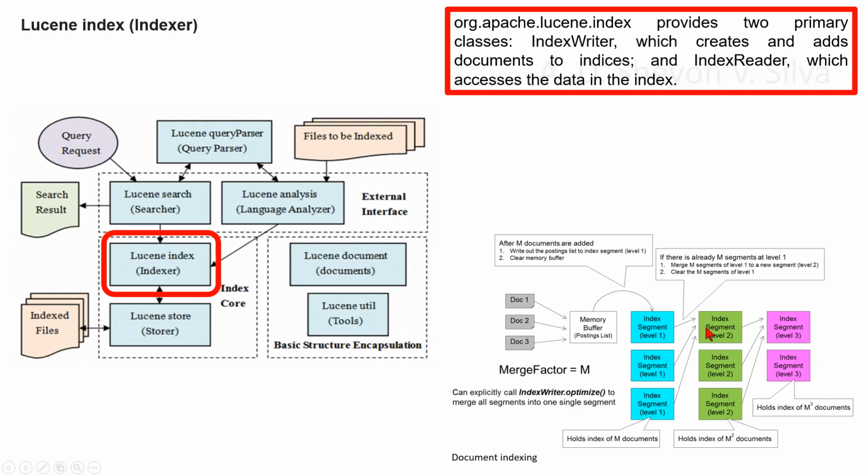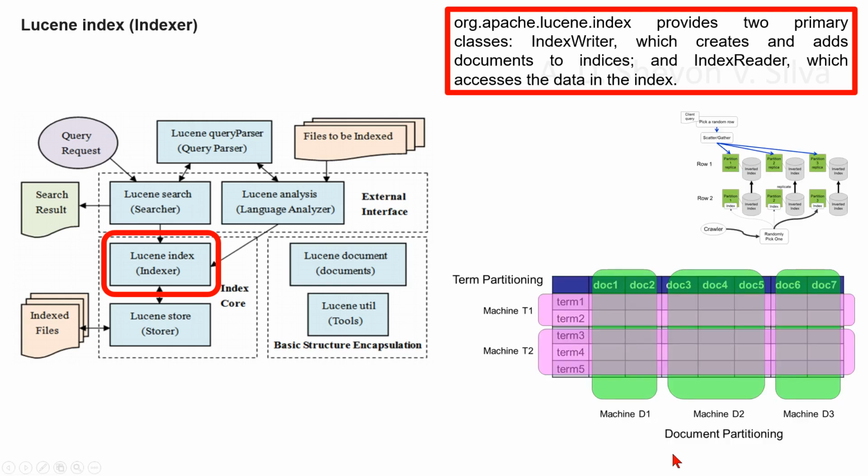Here you can see the whole index of m documents, and here the whole index of m to the power 2 documents, and index segments of level 2 are connected to index segments of level 3, which holds the index of m to the power 3 documents.